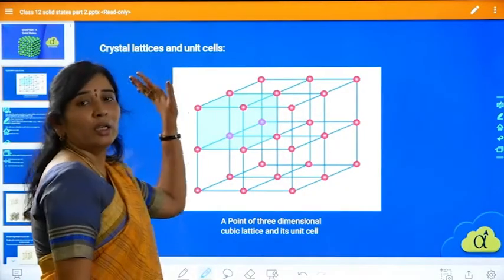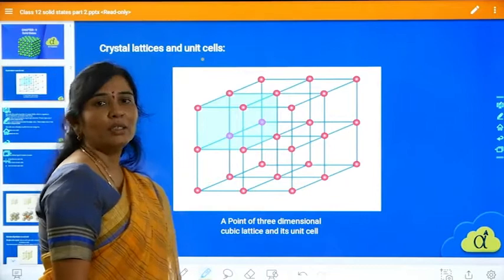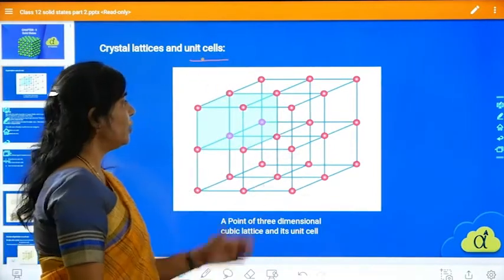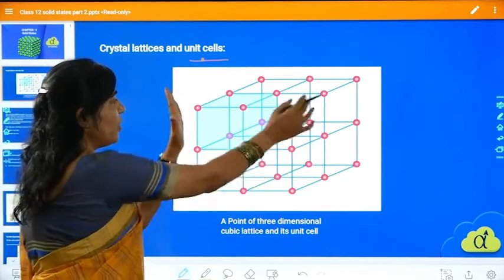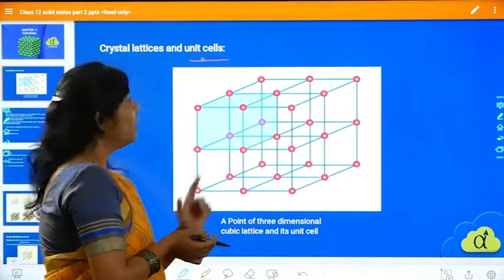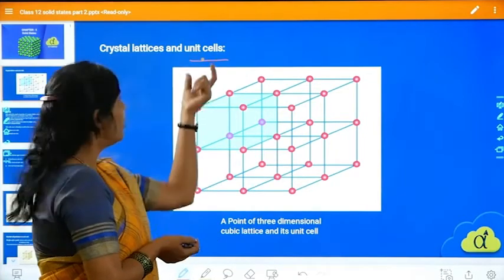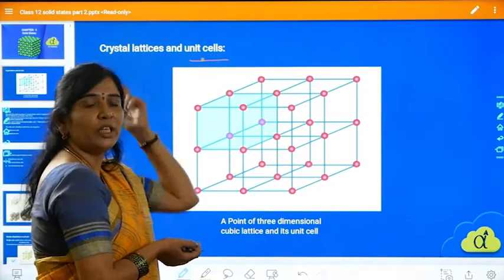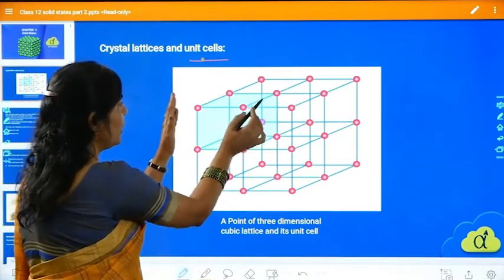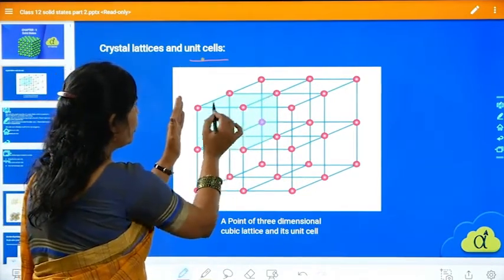Now, in this crystal lattice, the other terminology I am going to take up is the unit cell. Please look here. This is a big cube. This we call a crystal lattice. Now, the second terminology is the unit cell. What do you mean by unit cell? Please look here.